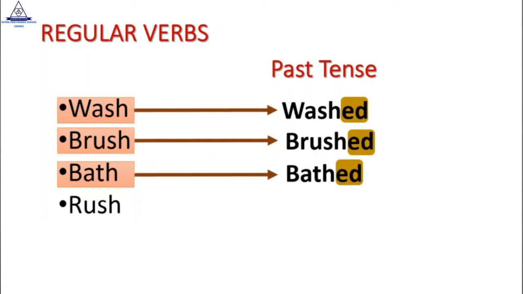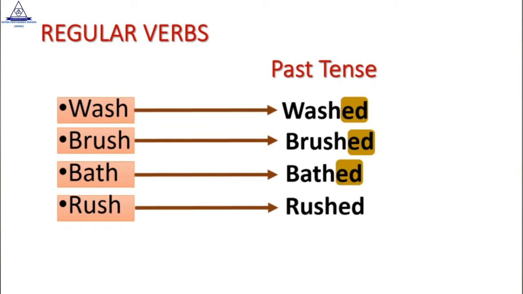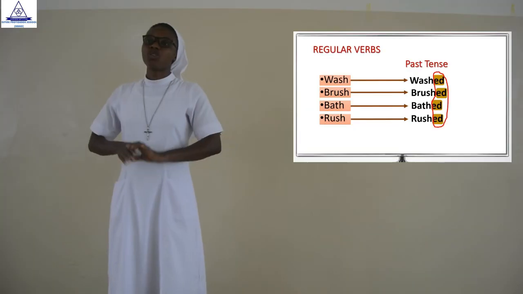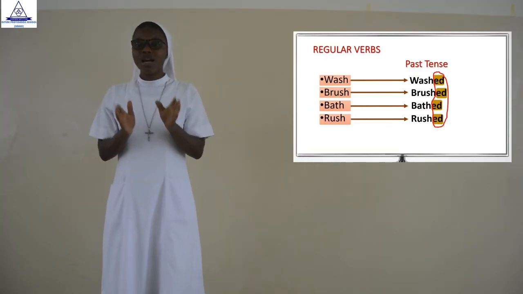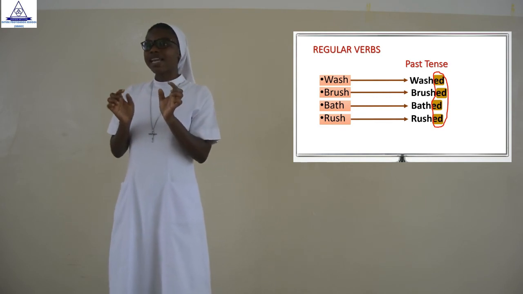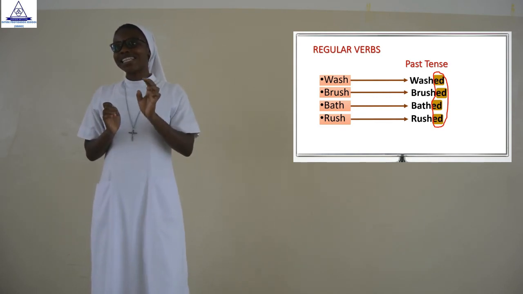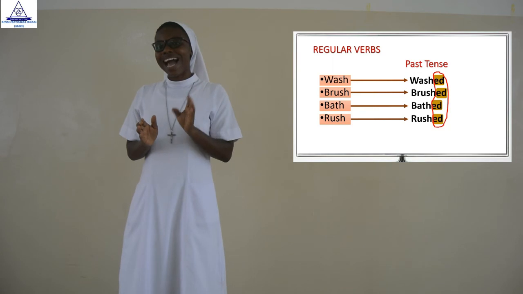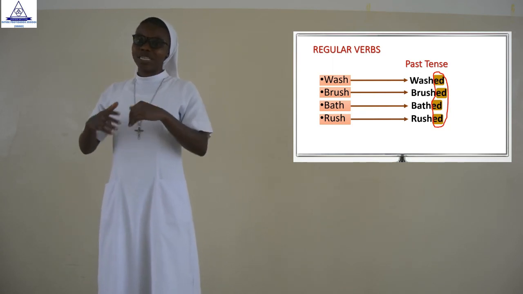The last one is rush, and the past tense is rushed. So we see that in all the words that we mentioned above, we are adding ed to get their past tense. So regular verbs are those verbs that form their simple past tense by adding ed to them.